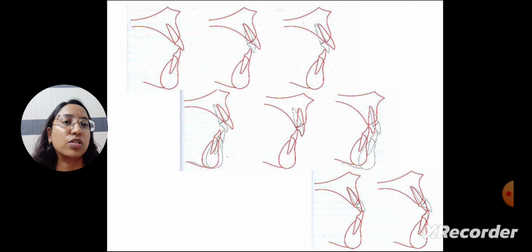Whereas in the third picture on the top row, it is a more severe kind of class 2 base where we are trying to retract the upper incisor to get it into proper position. In the middle row, the first one is a more severe kind of class 2 base where just the tooth movement is not sufficient.